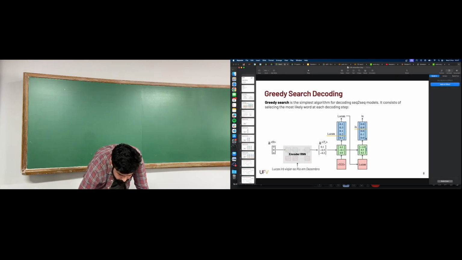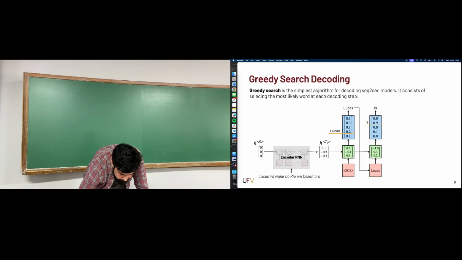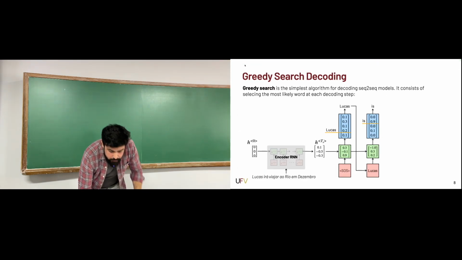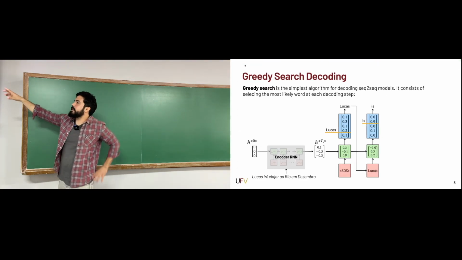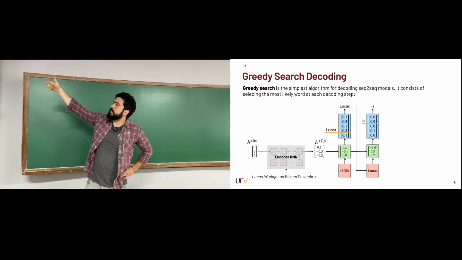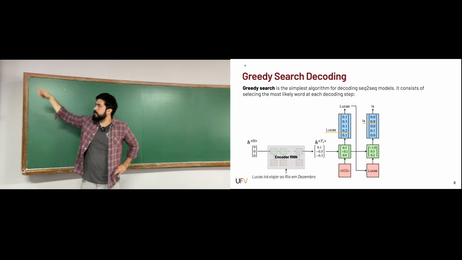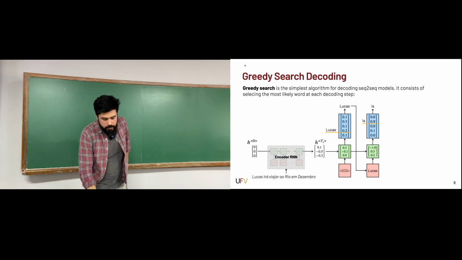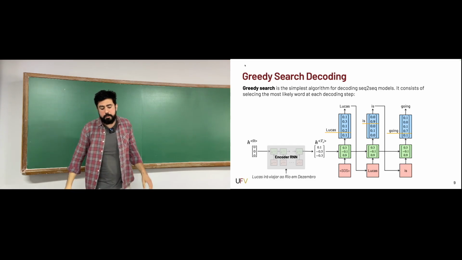Okay. Anyways, I'm going to do the same thing again now. I just pick the word "is" because it has 0.9 probability, which is the highest among all of them in that time step. And then I do that again.